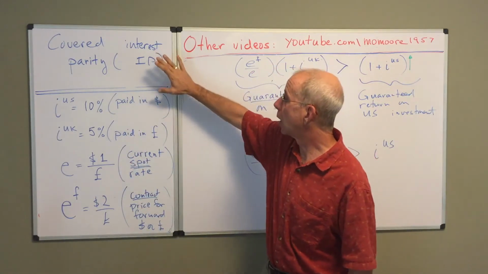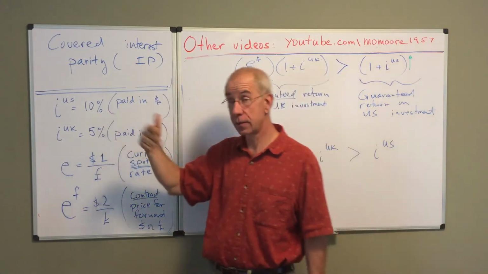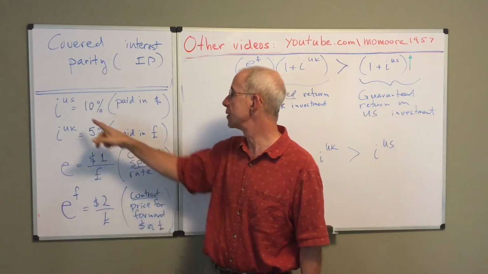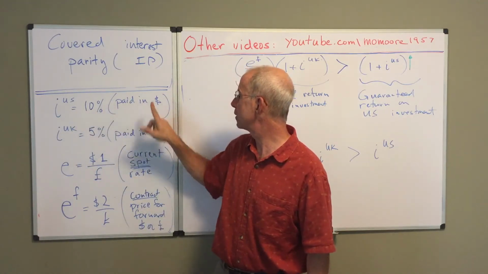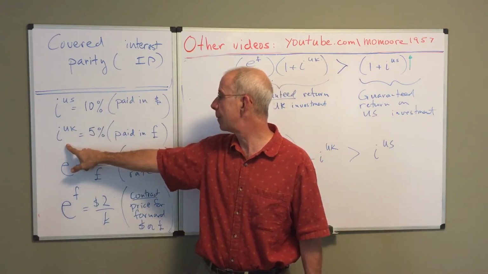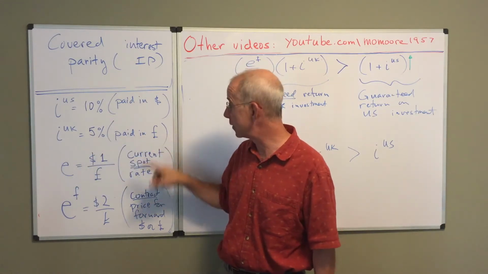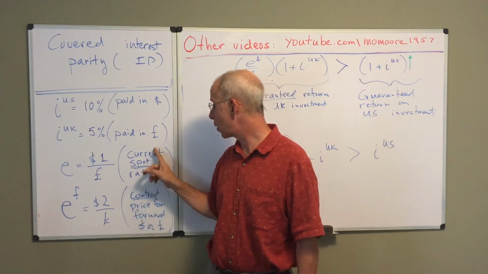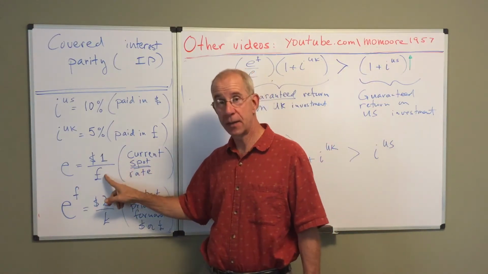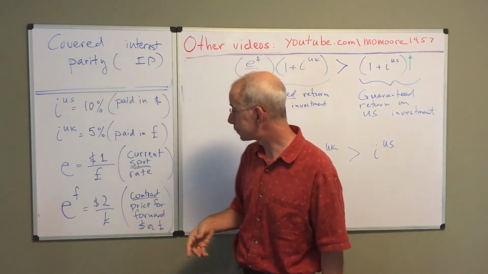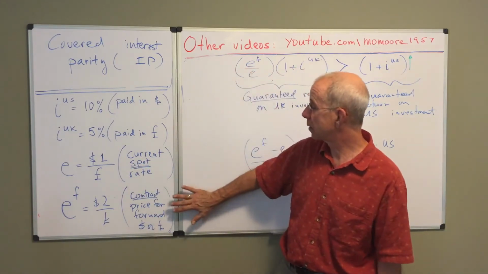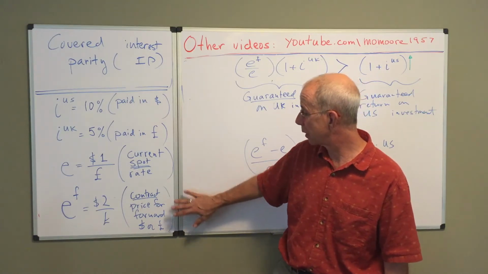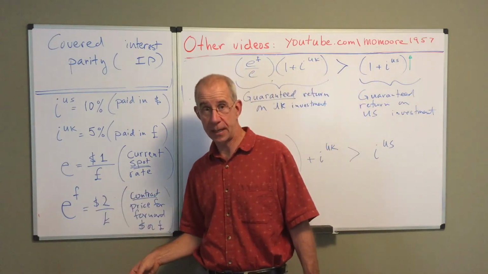So in this particular example, we've got the US and the UK as the two comparison countries. The US is paying 10% in dollars, the UK bond paying 5% in pounds. The particular example that we've been using is a current spot rate of $1 per pound, or £1 per dollar. And then we're pulling out of the air a contract price for forward dollars or pounds of $2 per pound.